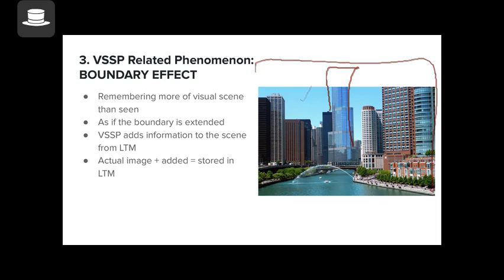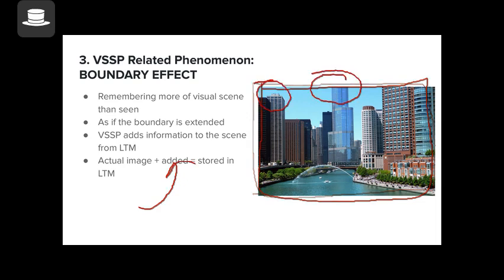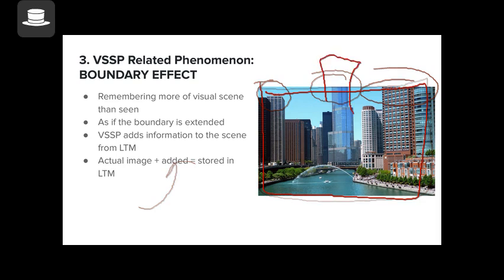So the idea here is that when you are processing an image like this, this is the actual image. What VSSP does is it stores this actual image, but it also adds additional information related to these images by bringing it in from long-term memory, and stores both the actual image and the additional information in your long-term memory.